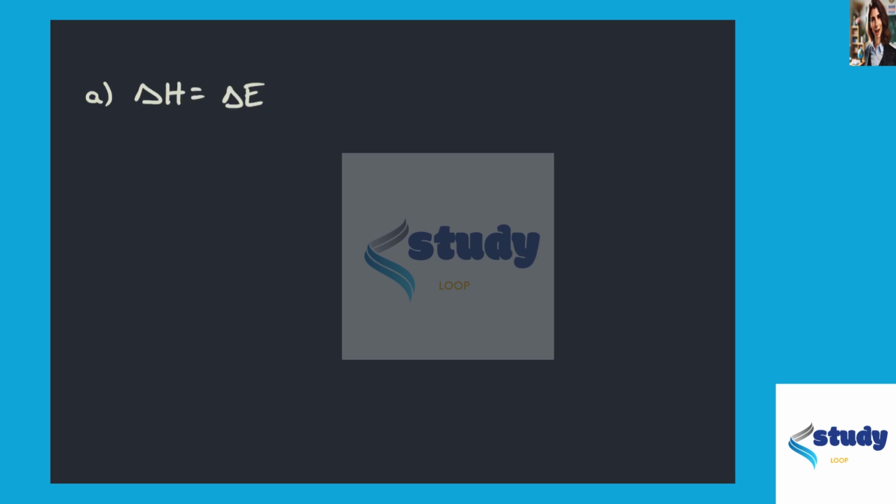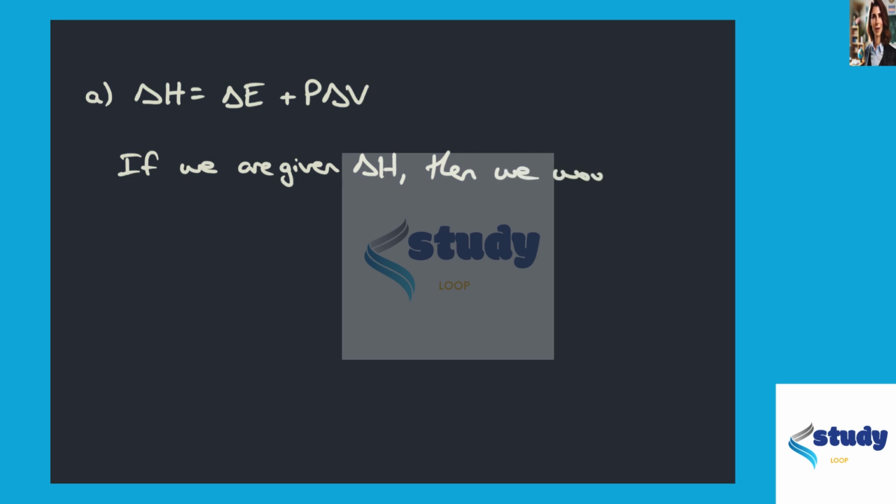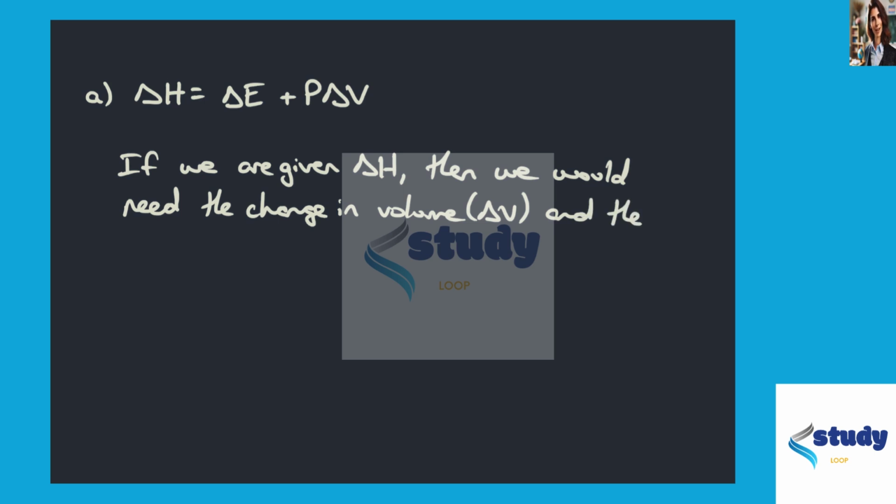So if delta H is equal to delta E plus P delta V, and we are given delta H, then we would need the change in volume, which would be delta V, and that's the change in volume between the products and the reactants, and the pressure, and the pressure would be P. To calculate P, we'd have to use the ideal gas equation, and we'd also need to assume constant temperature.